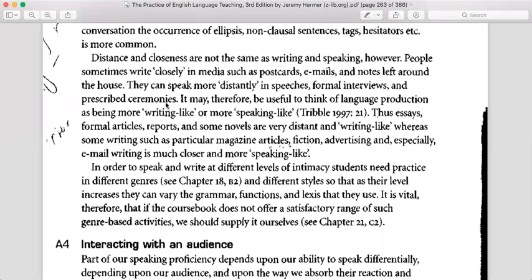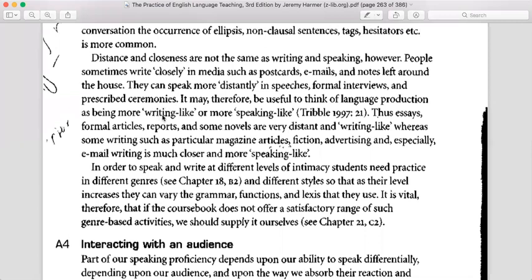Now, the language that is used for speaking almost becomes similar to the language in writing when it comes to formal speeches. For instance, interviews. For instance, there are some formal ceremonies. So your spoken language becomes equivalent to your written language. Okay.